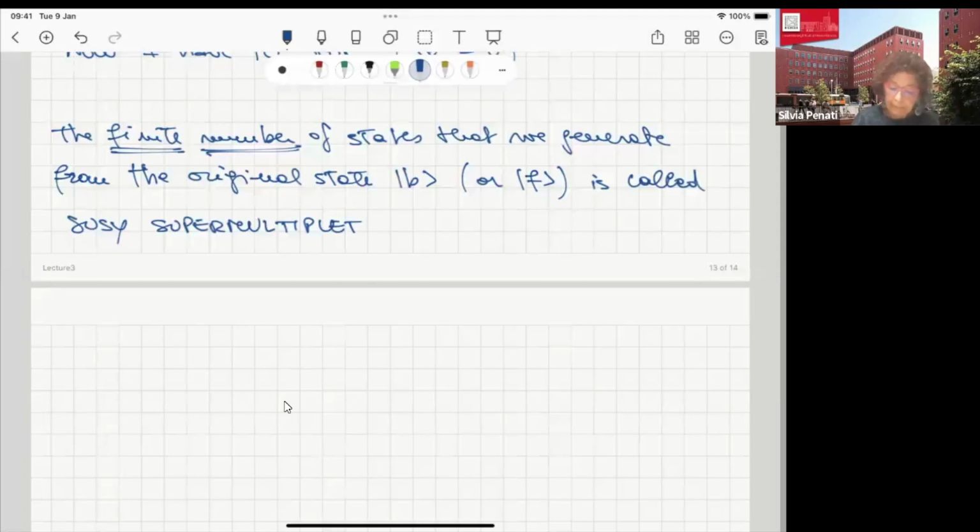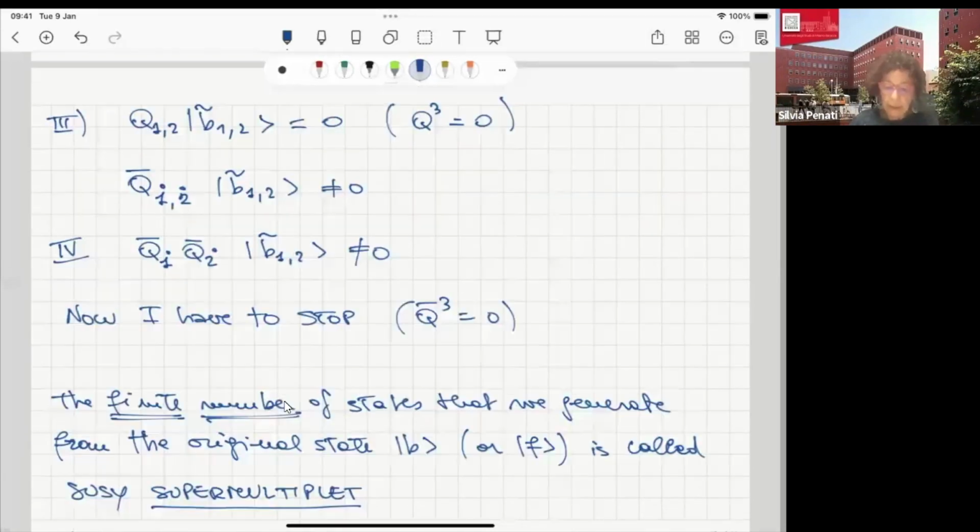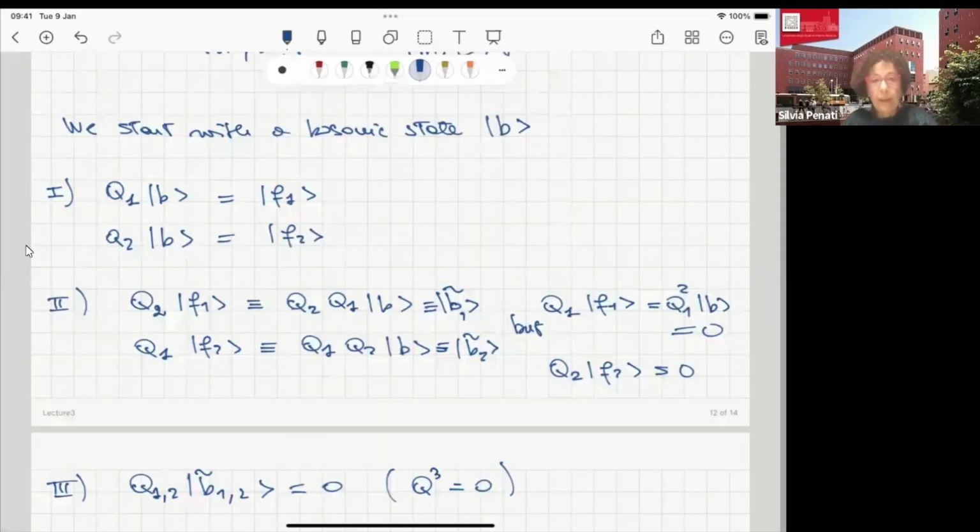Okay. And of course, this supermultiplet contains, among this finite number of states, some states which are bosons and some states which are fermions. Because as I show you here, when you start applying 1 Q to the boson, you produce a fermion. When you start applying 2 Q to the boson, which means a Q to this fermionic state, you get a boson.